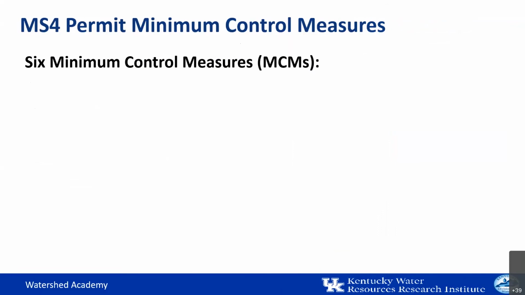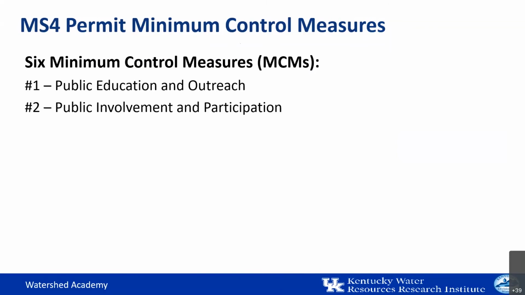Well, we just wanted to make sure you're aware of these requirements for many of the communities in Kentucky with significant populations. MCMs 1 and 2 relate to much of the work that we do as watershed coordinators on a regular basis to make sure that people are aware of runoff impacts and many of the BMPs that we've described today.